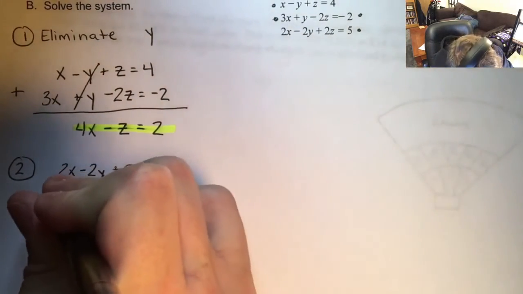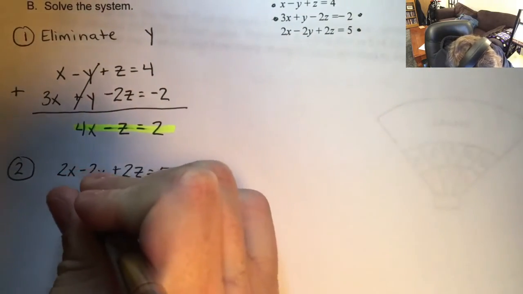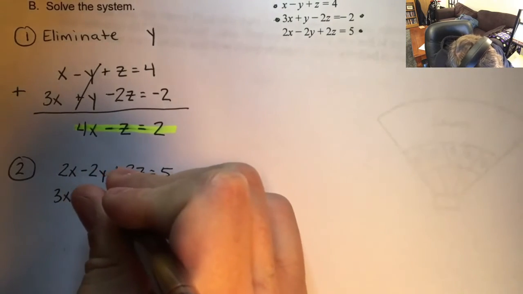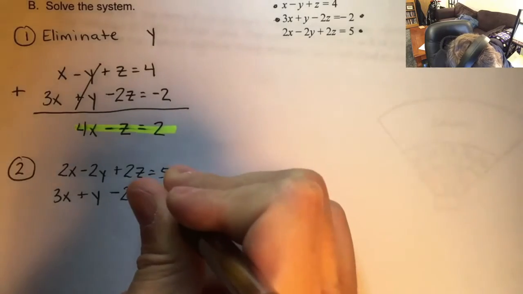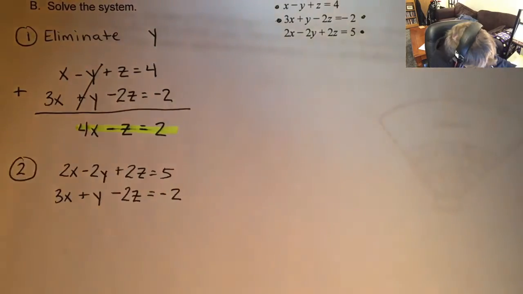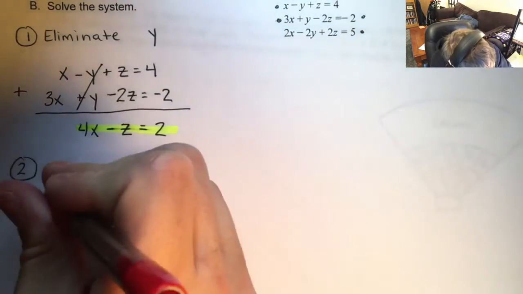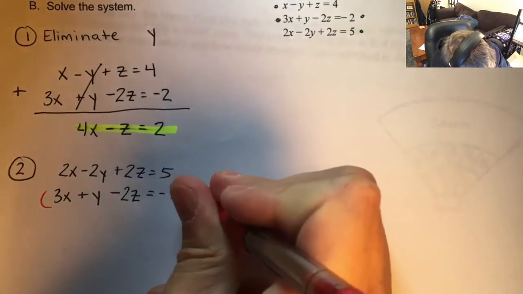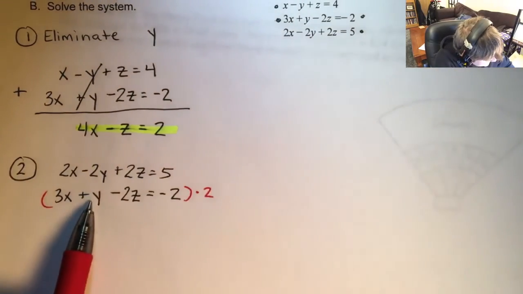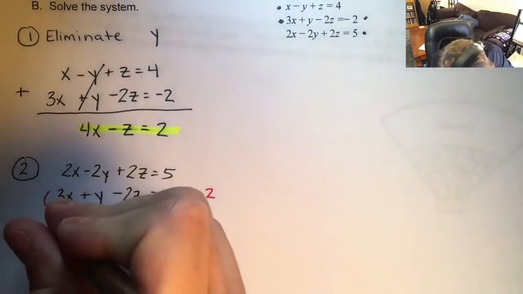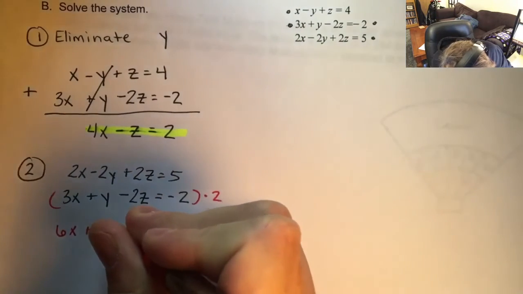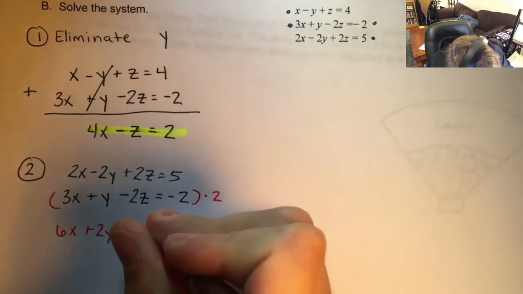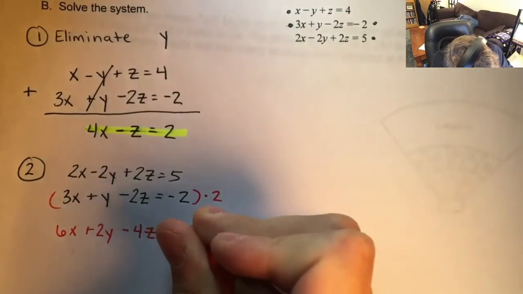So anyway, let's write that one down. 3x plus y minus 2z is equal to negative 2, and this one I need to multiply by 2. If I multiply by 2, I'm going to create opposites, 2y and negative 2y. So here I get 6x plus 2y minus 4z is equal to negative 4.